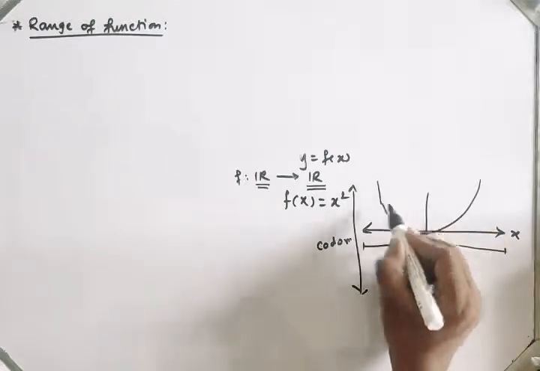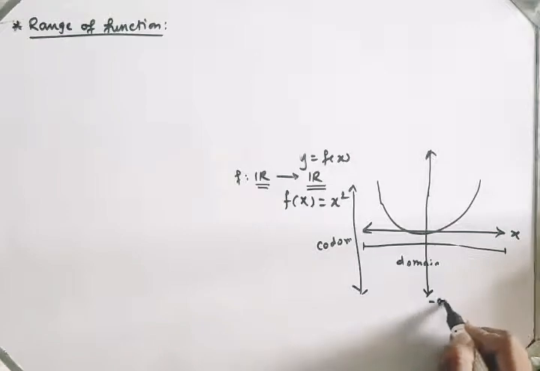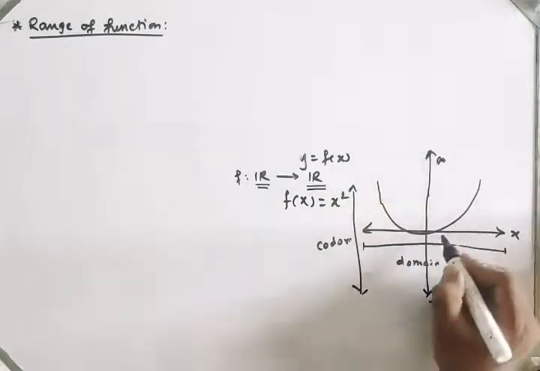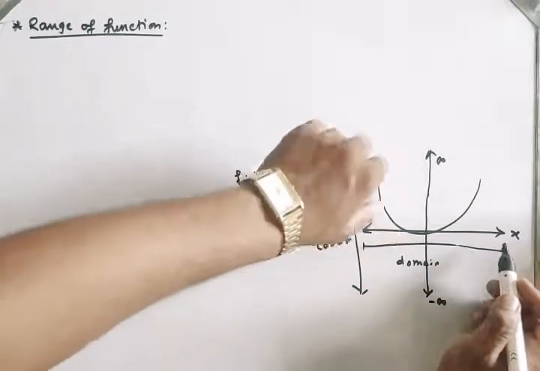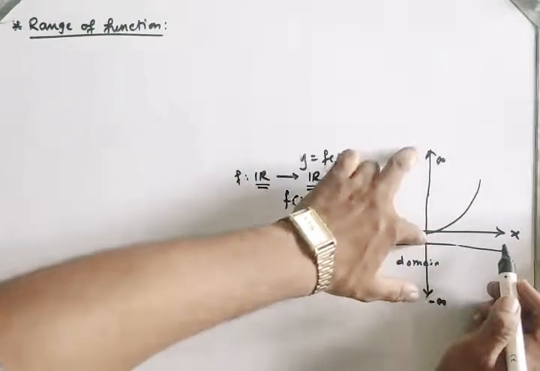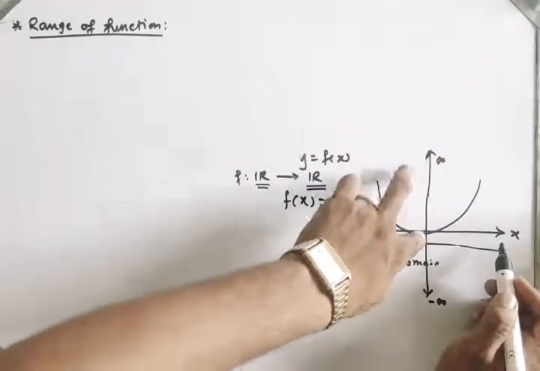So what is the interval of the graph? This line is the real numbers, so this is minus infinity to infinity. So what is the range of our graph? Our graph lies from 0 to infinity, so the range of that function should be 0 to infinity.